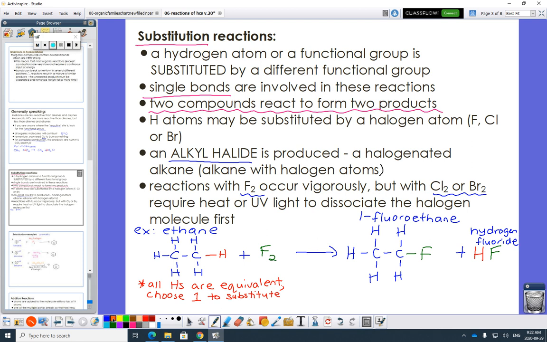And just in case you see these terms, an alkane with a halogen atom, so that's this, is an alkyl halide, and this is a hydrogen halide.